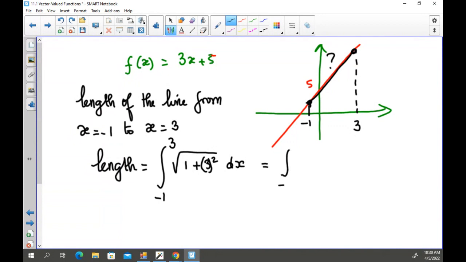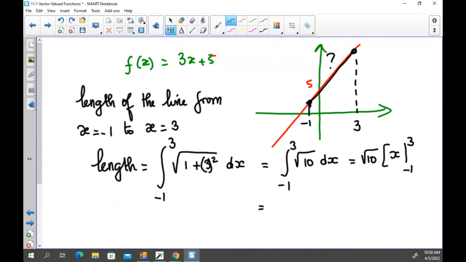So it's the integral from -1 to 3 of square root of 10 dx. Okay, square root of 10 you can take it out. Then you integrate dx. What do you get? X from -1 to 3.